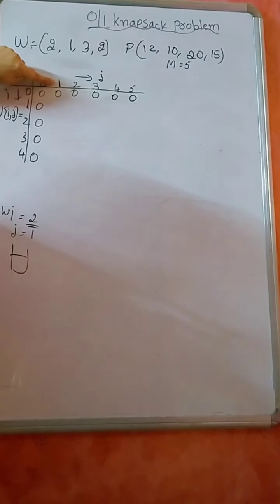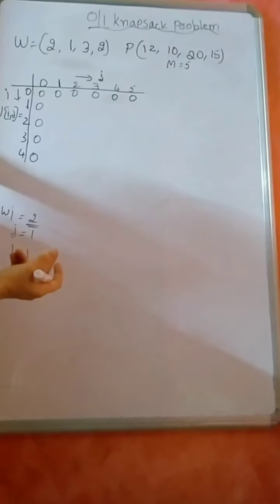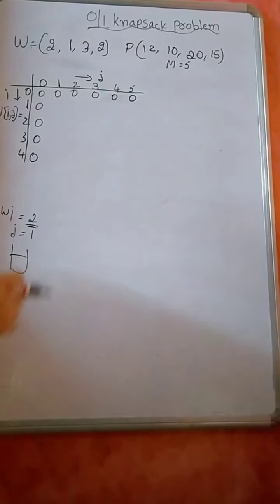But I am having a 2 kg apple. Can I put that one? No, not possible. So which case is it? Second case, rejecting the object. I am rejecting the object.